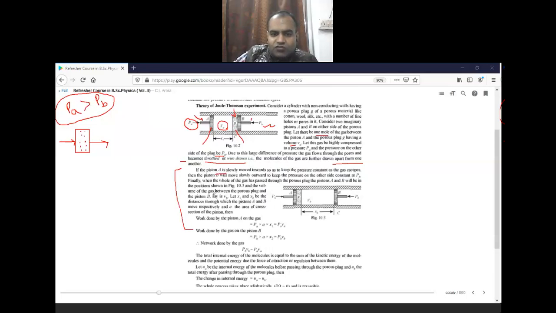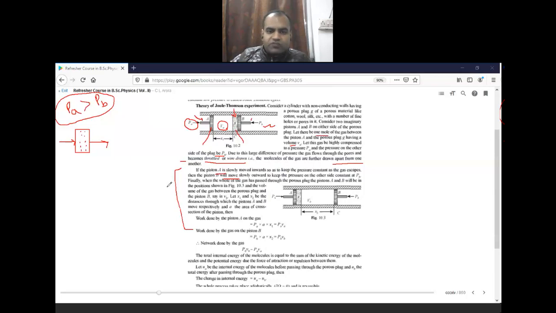Now the question is, if the piston A is slowly moved inwards so as to keep the pressure constant as the gas escapes, the piston B will move slowly upwards to keep the pressure on the other side constant.